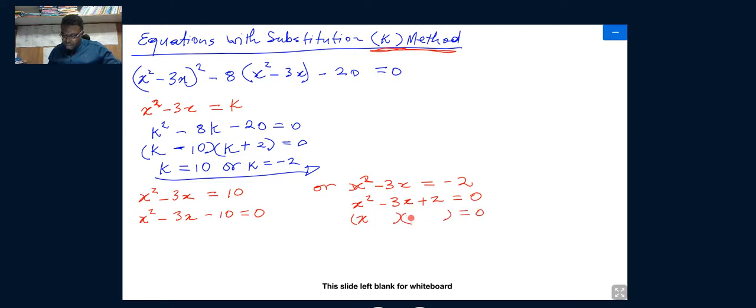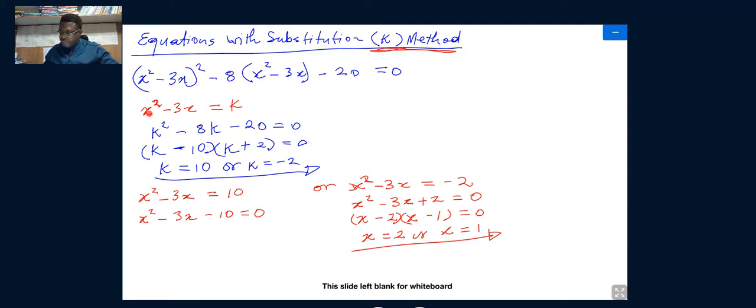You have x, you have negative 2 and negative 1, so that when they add up you get x is equal to 2 or x is equal to 1. This is for you to solve. I wanted to show you the K method, and we are done with it, even if it comes in the form of a fraction.